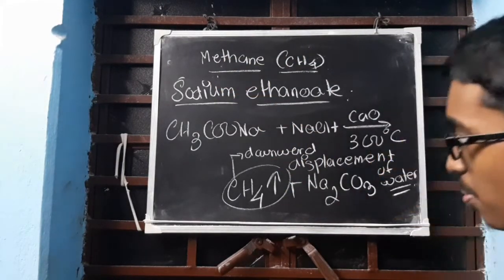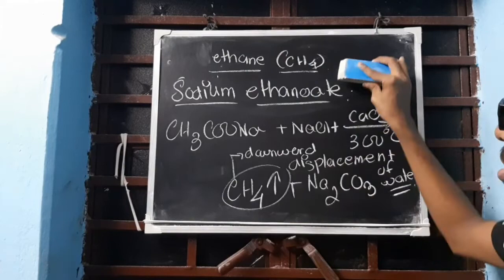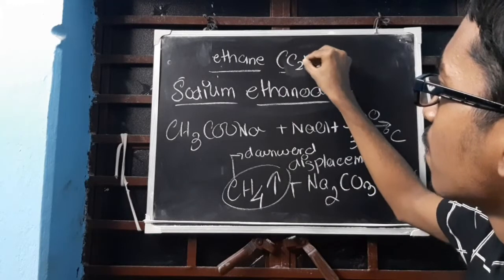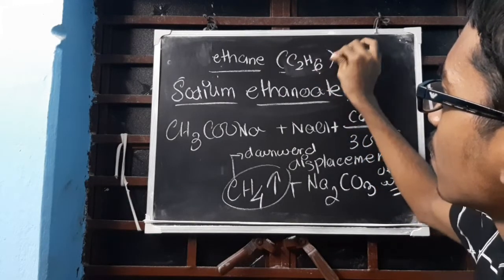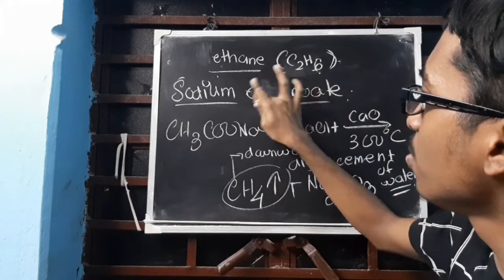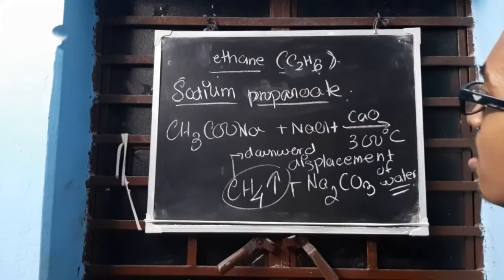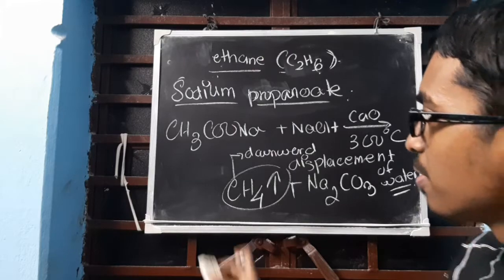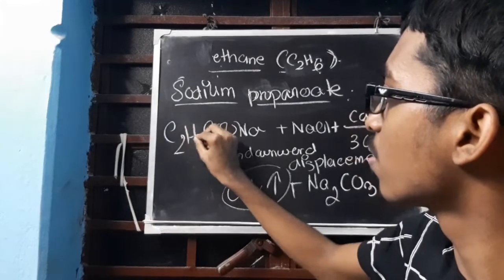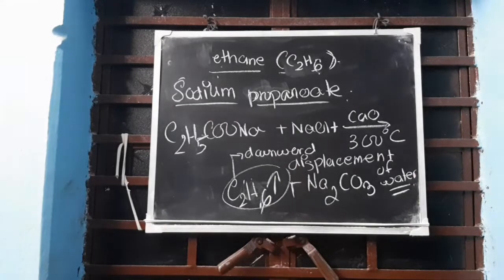Now the next preparation is ethane. Methane done, now ethane comes. For ethane, we will not be using ethanoate, we will be using propanoate. What changes will happen? Changes will happen, and balancing changes obviously.